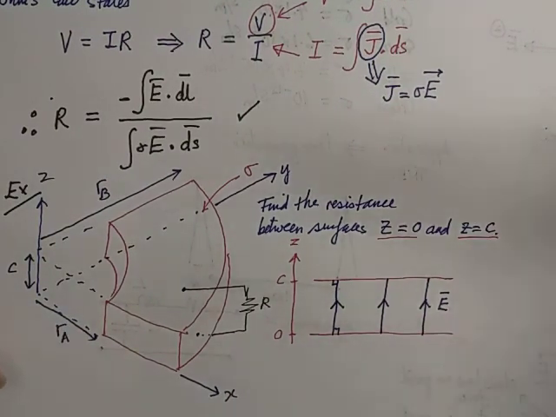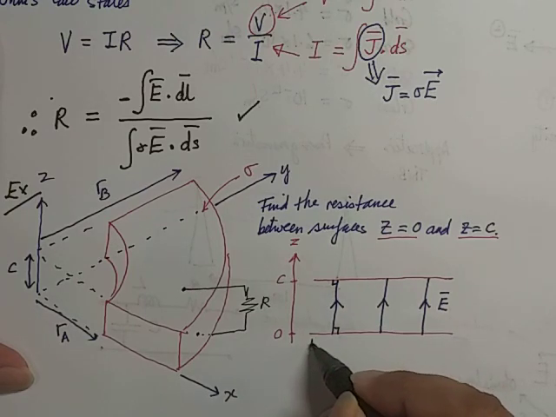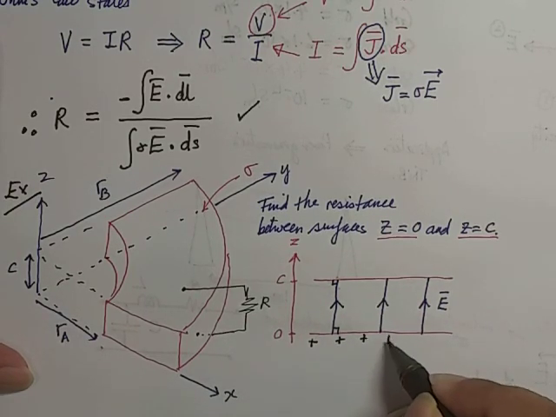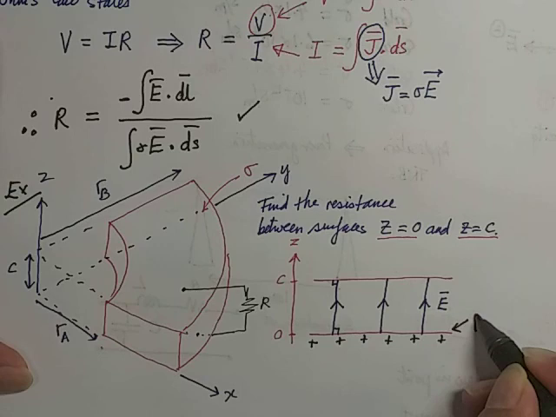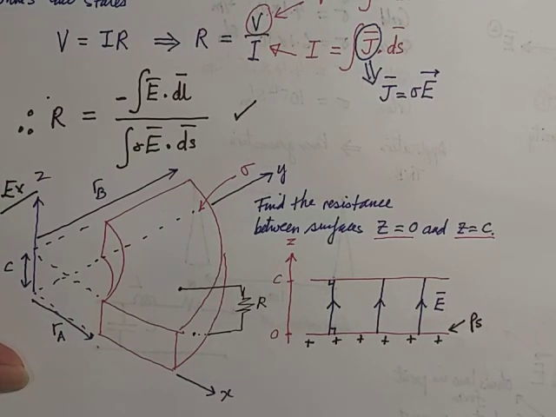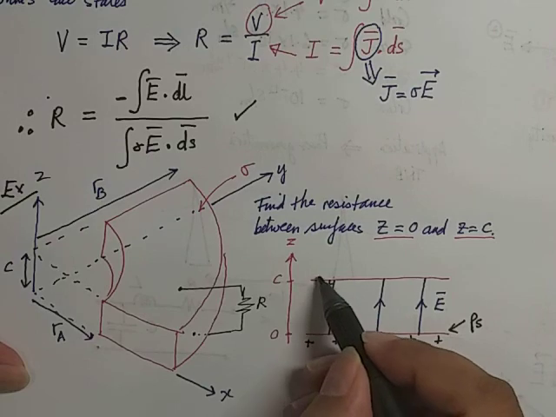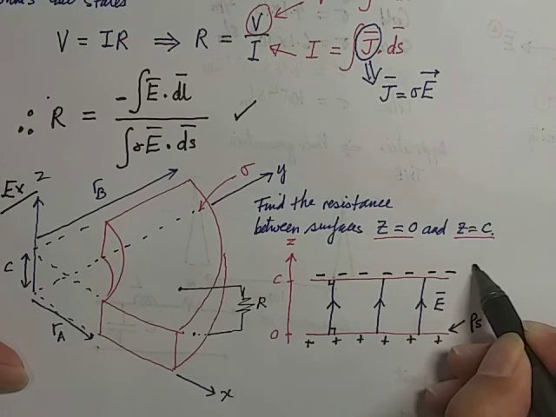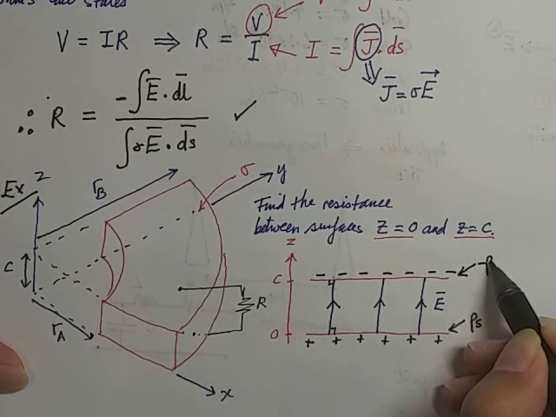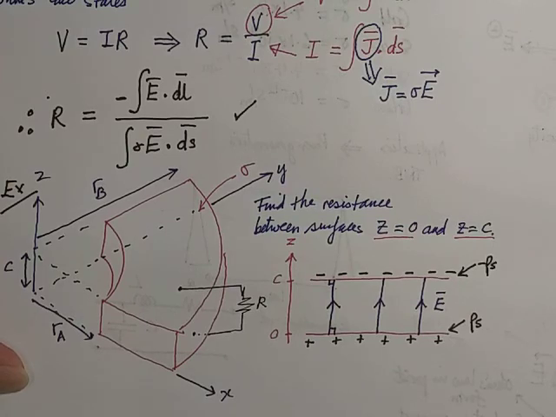For me, to produce such an E, we need to have these particular sources. What are they? There must be a positive surface charge appearing at z equal to 0. So I'm going to assume I'm introducing rho S. And then I can also assume there should be a negative charge appearing on the surface of z equal to C, negative rho S. So I'm suggesting this now because my experience allows me to propose this idea.